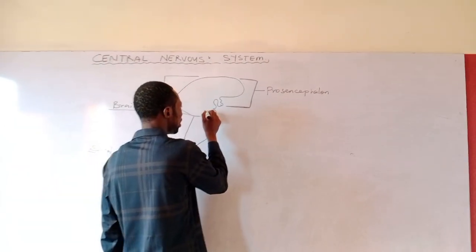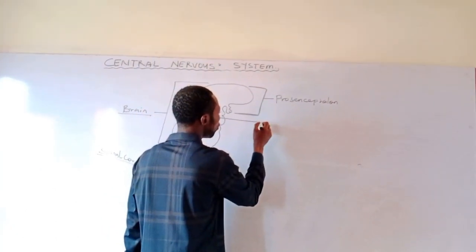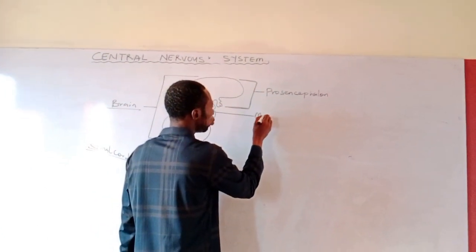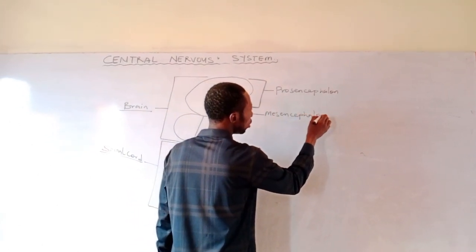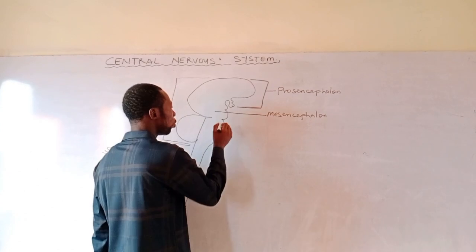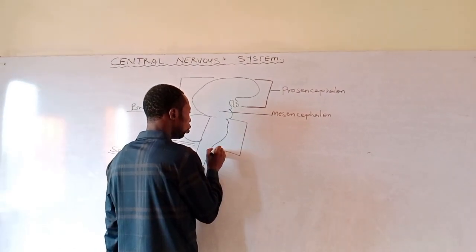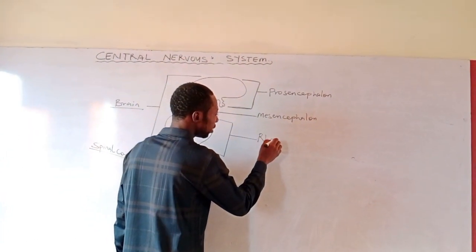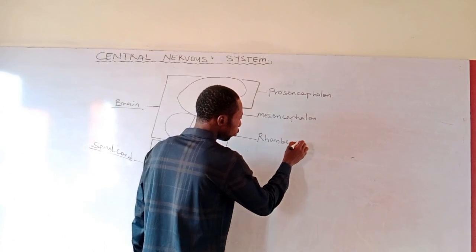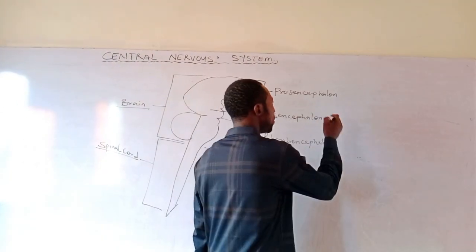This is the middle level of the brain, known as the mesencephalon. The lower level of the brain is known as the rhombencephalon.